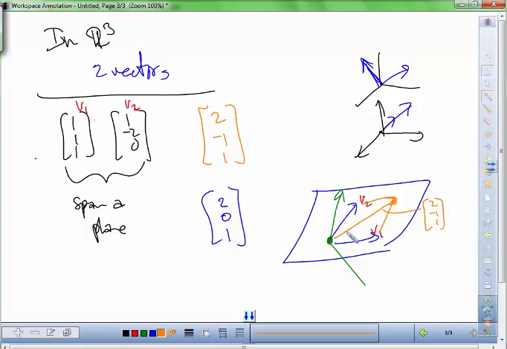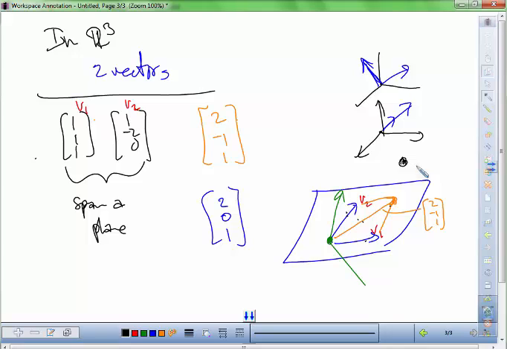Because if I had a point that's not on the plane, I can't get to that point with these three vectors. I can add, subtract, scalar multiply these three vectors, but I still won't be able to get out of the plane because all three of them are stuck on the plane.